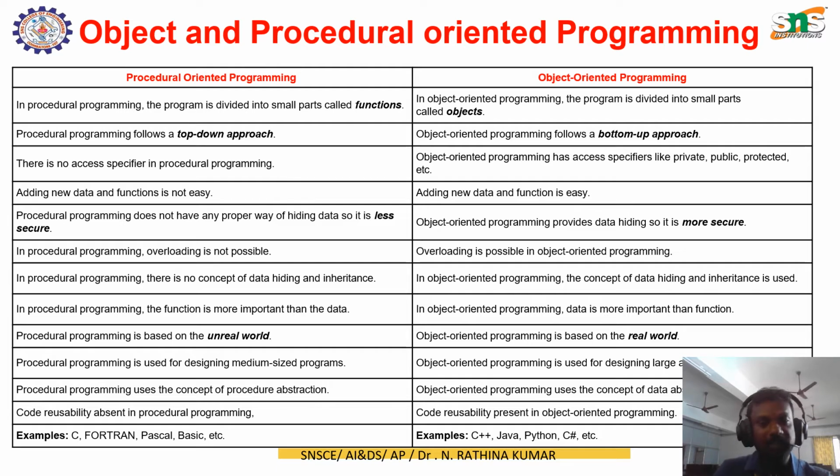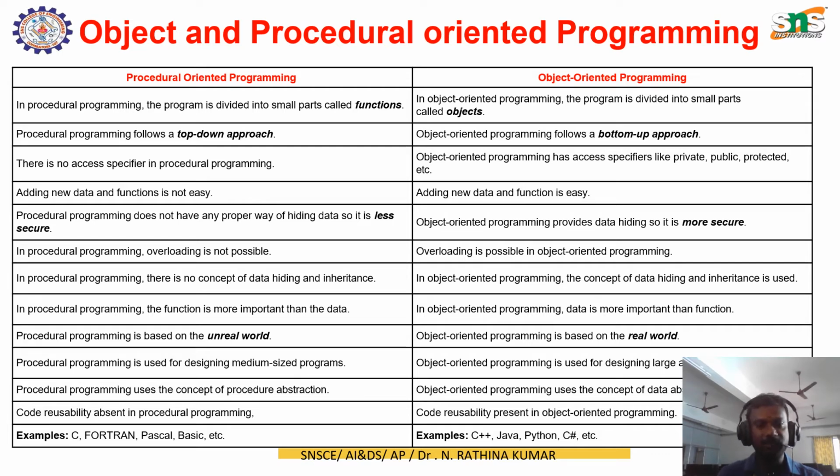In procedure-oriented programming, the program is divided into small parts called functions, whereas in object-oriented programming, the program is divided into small parts called objects. The second difference is that procedure-oriented is a top-down approach, while object-oriented is a bottom-up approach.